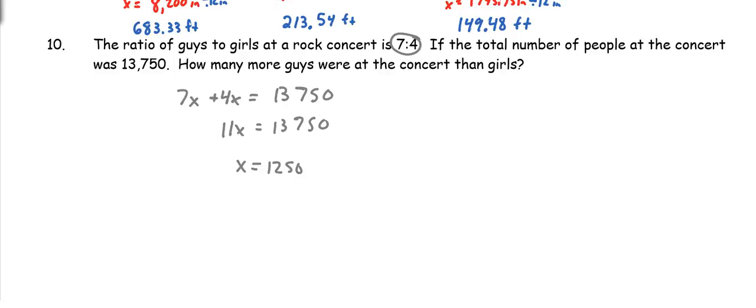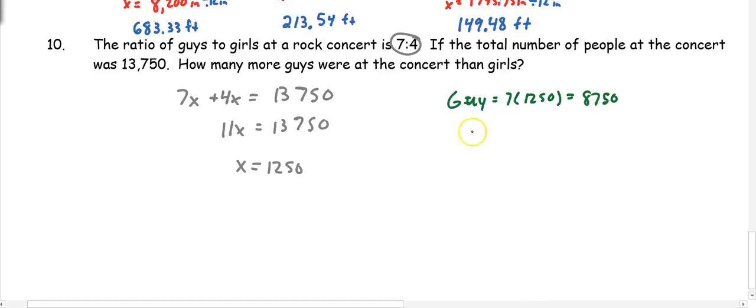So to figure out our guys and girls, we're going to substitute in. So we have guys, which is 7 times 1,250, and we get 8,750. Then we're going to find the girls by doing 4 times 1,250, and we get 5,000.